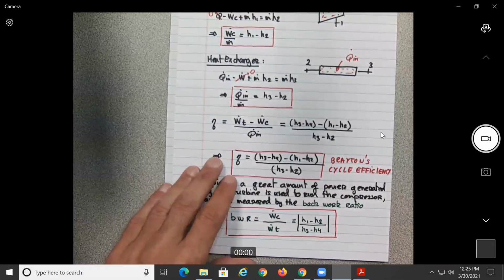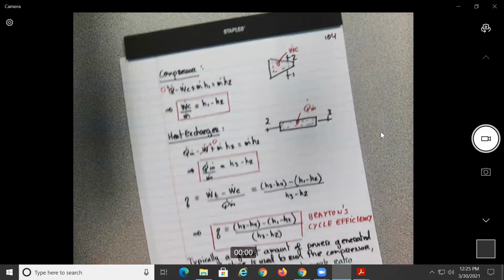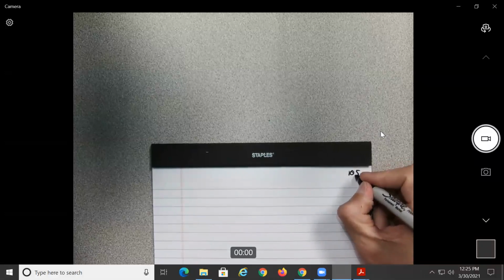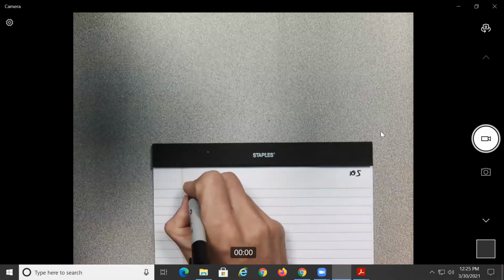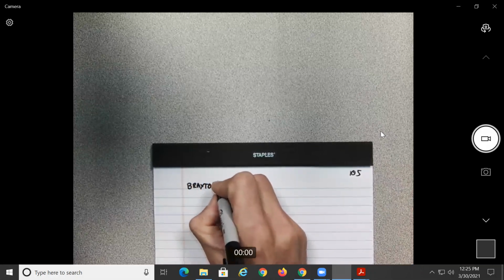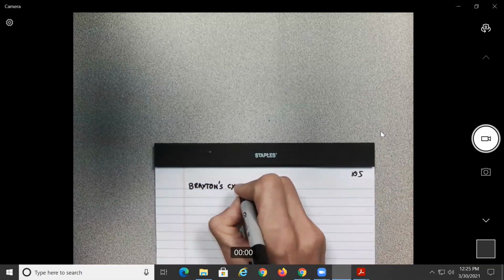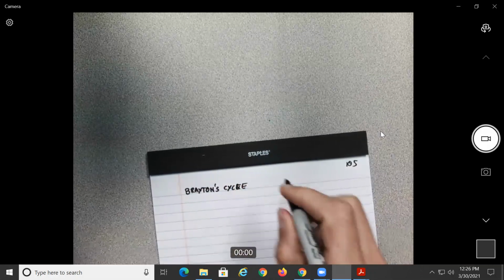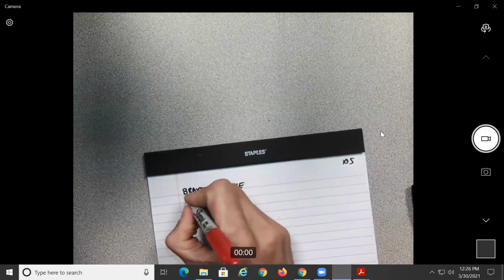Okay, and one last thing before we finish today's lecture. So page 105. What is the typical form of the Brayton cycle?